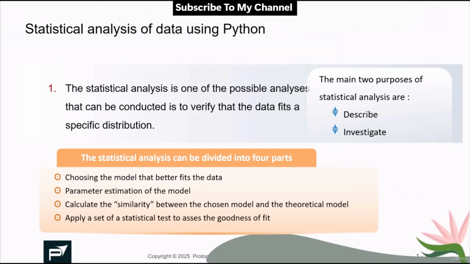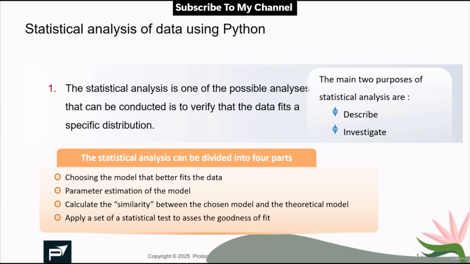The statistical analysis can be divided into four parts: choosing the model that better fits the data, parameter estimation of the model, calculating the similarity between the chosen model and the theoretical model, and applying a set of statistical tests to assess the goodness of fit.